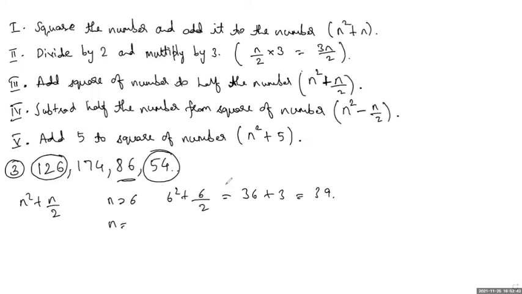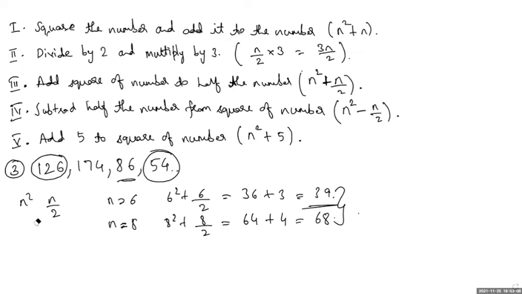So after 6, which is the next even number? 8. So 8 square plus 8 by 2. 8 square is 64 plus 8 by 2 is 4. What is 64 plus 4? 68. But here we have 54. So in between we have no number. So obviously rule 3 is also wrong.